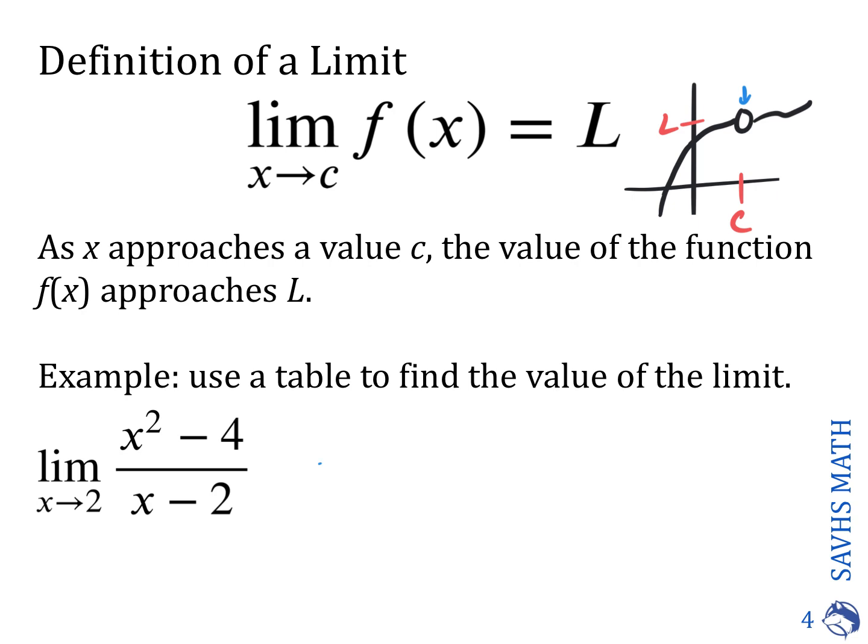We talked about this one already where we made that table and we found that the output of this function was 4, even if you knew that it was 0 divided by 0. If you were to substitute this 2 in here, you would get 0 over 0. So I'm just going to run through that again. I can make a table of values, get close to 2.